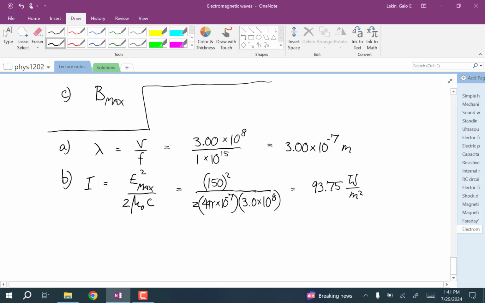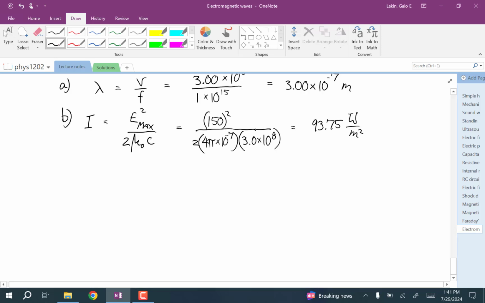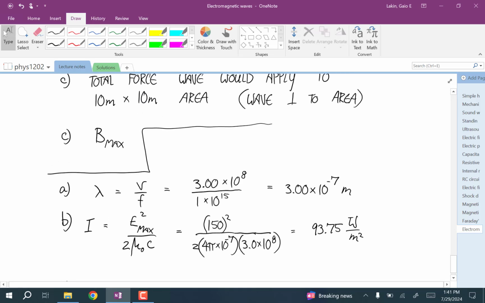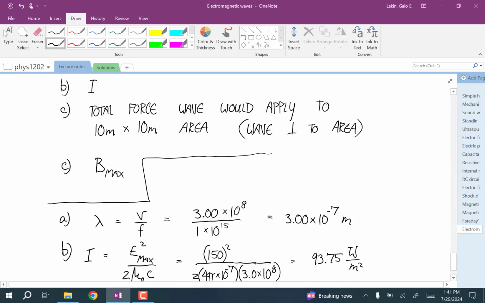Now to calculate the total force acting on this 10 meter by 10 meter square, oh, and I didn't tell you this, but let's say that this area is a perfect absorber of that electromagnetic wave.